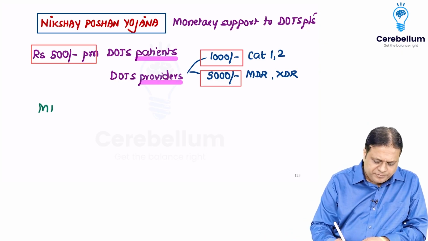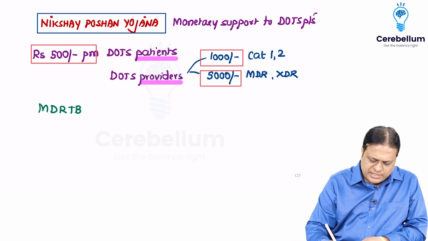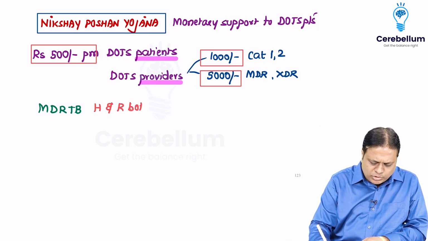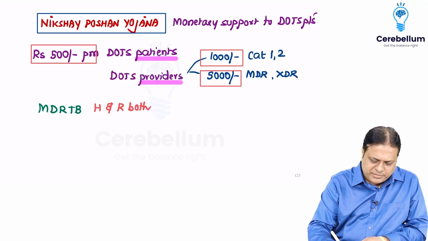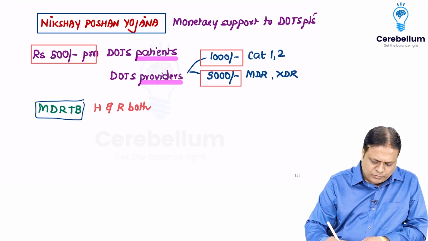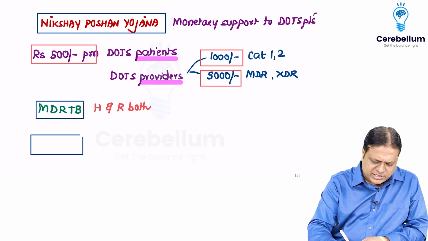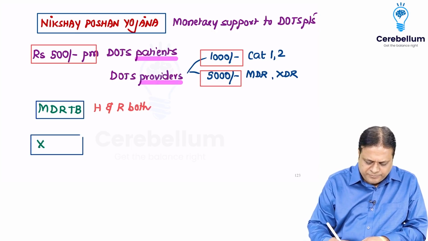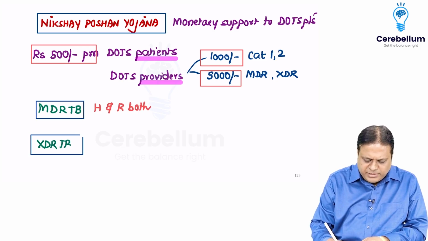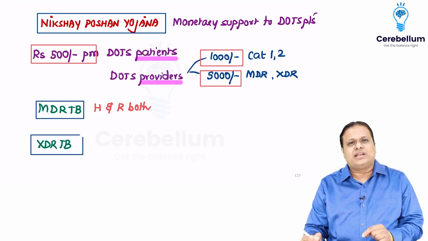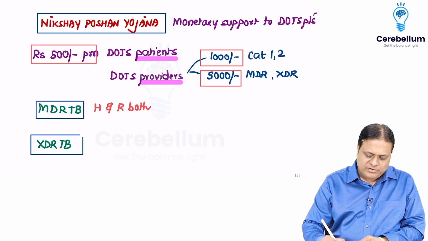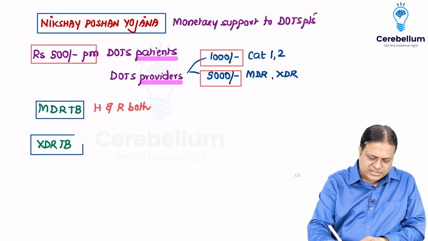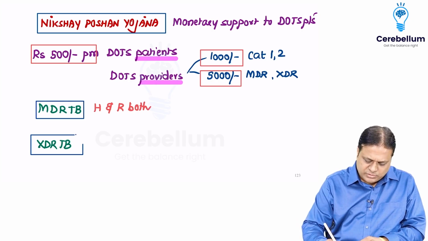MDR TB, multi-drug resistant tuberculosis, is resistance to isoniazid and rifampicin both at the same time. What is X in XDR TB? XDR TB is extensively drug resistant tuberculosis, which definition-wise includes, no doubt, MDR TB.